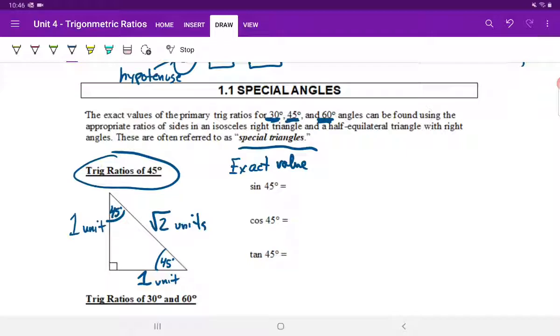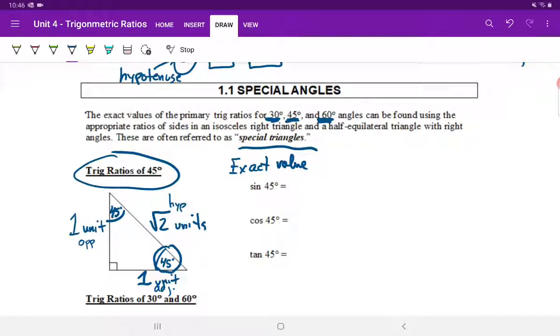Okay, so let's pick a 45-degree angle. Let's pick this one. This is our angle of reference. Our opposite side would be here. Our hypotenuse side would be here. And this would be our adjacent. And you could pick either 45 degree there because they're both 45, and you'll get the same answer.